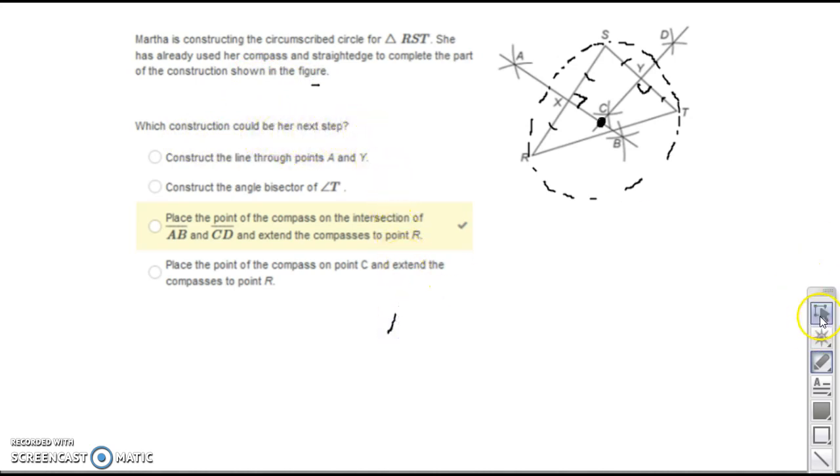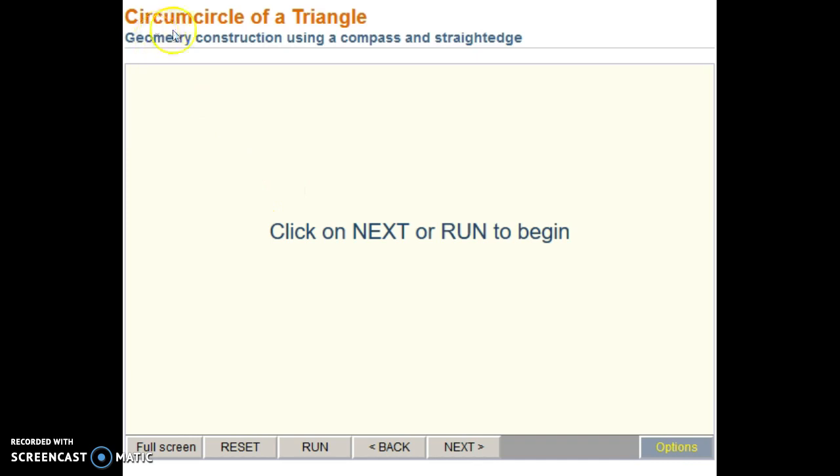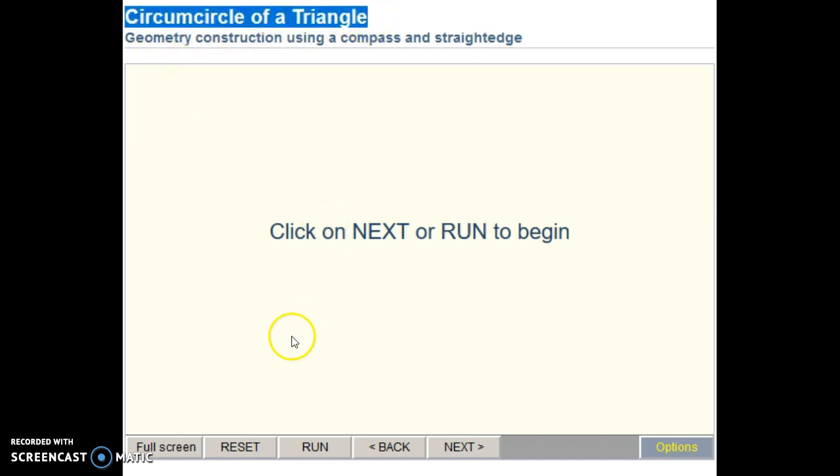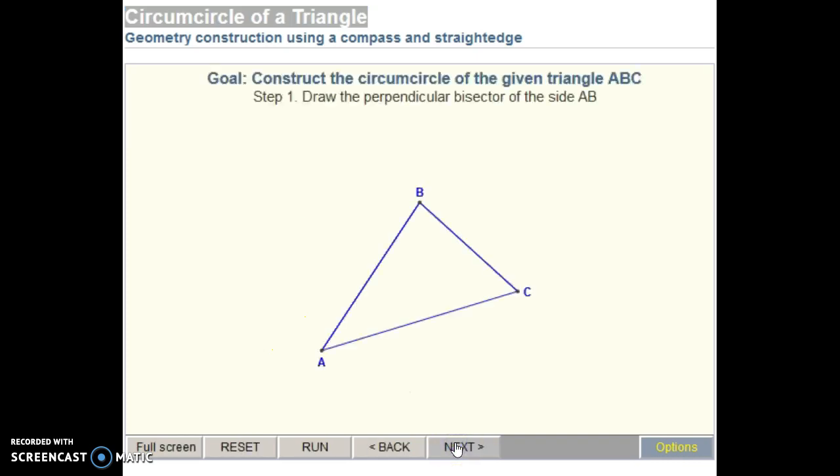Okay, well, let's just go ahead and look at this construction in full from Math Open Reference. So I'm here on Math Open Reference, and this is going to show us how to create the circumcircle of a triangle. So we have our triangle. The first thing we want to do is construct the perpendicular bisector of one of the sides. So remember, you open the width to more than halfway, you keep the width the same, go to the other vertex, and once you have those two arcs, you're going to use a straight edge to connect them.